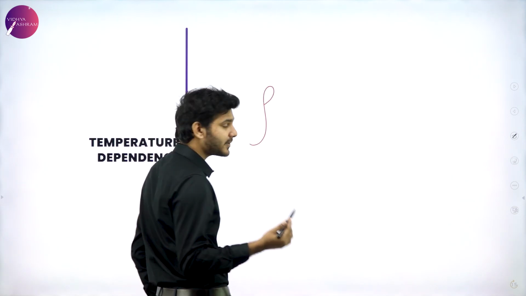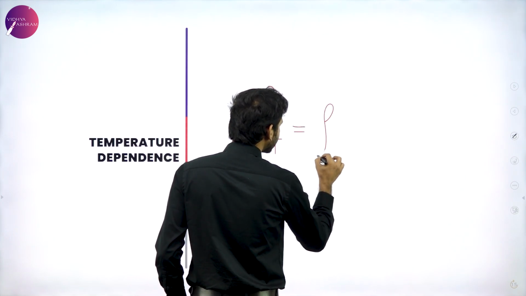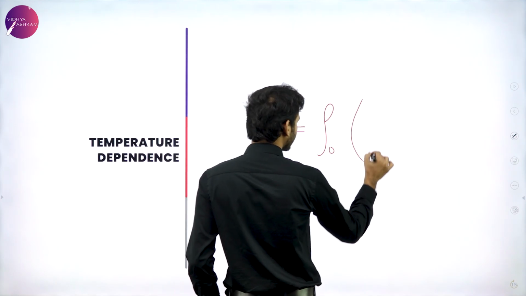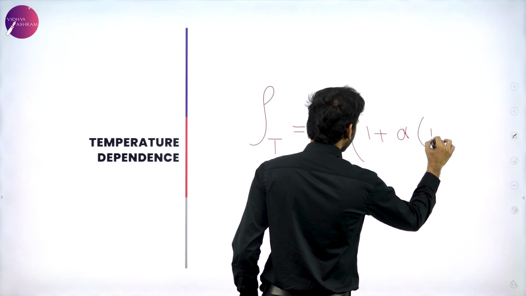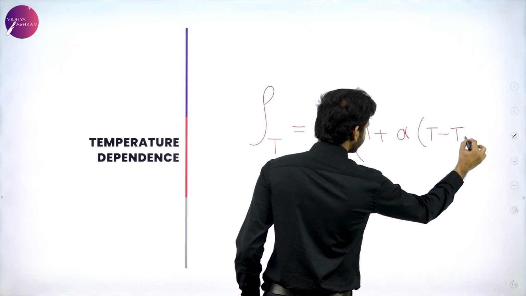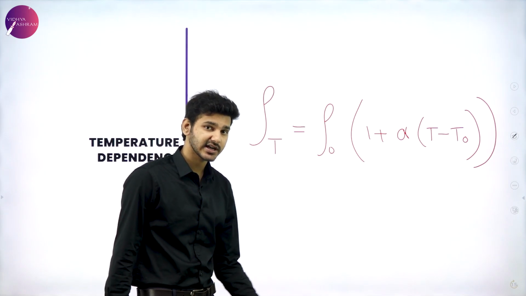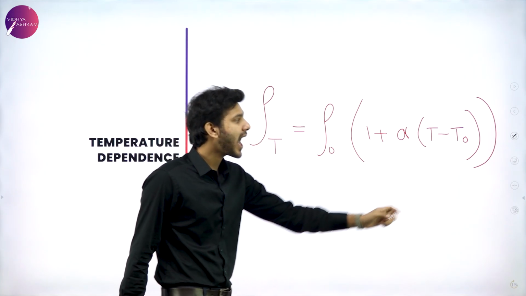The temperature dependence of resistivity is given by this particular equation. This is the relation laid out by great scientists, forming the relation between resistance and temperature.